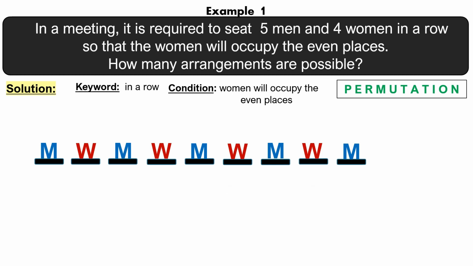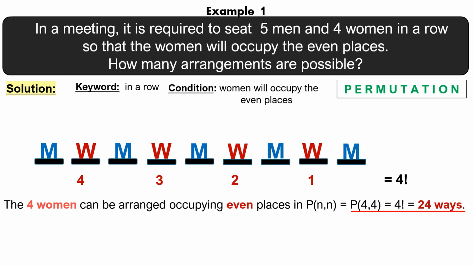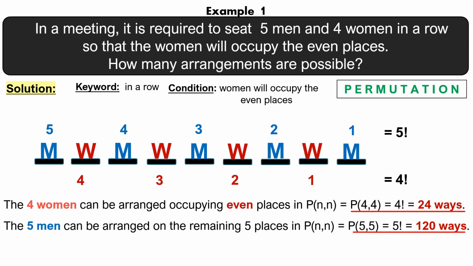And these 4 women can be arranged in any order among themselves in 4 times 3 times 2 times 1 equals 4 factorial or 24 ways from the permutation of 4 women taken 4 at a time, while the 5 men can be arranged in any order among themselves occupying the remaining places in 5 times 4 times 3 times 2 times 1 equals 5 factorial or 120 ways from the permutation of 5 men taken 5 at a time.